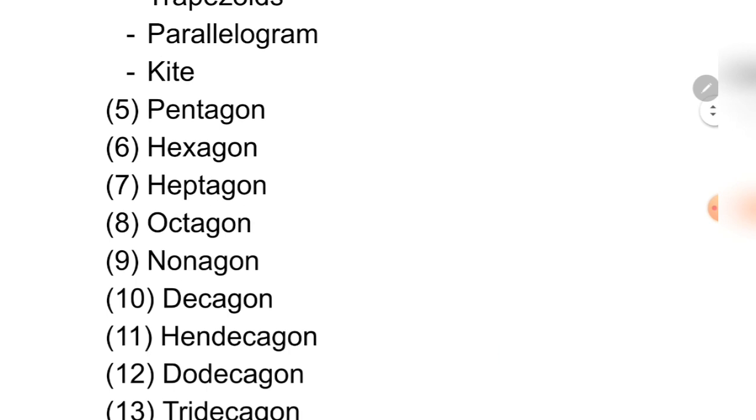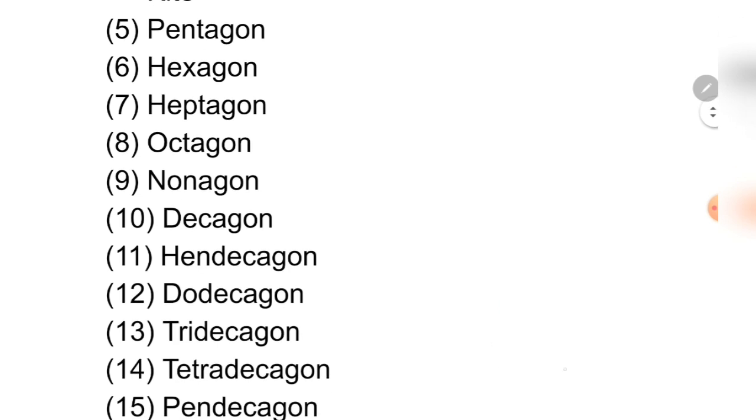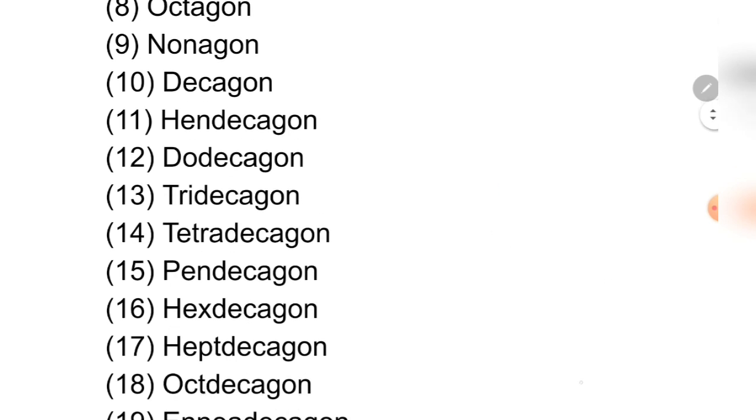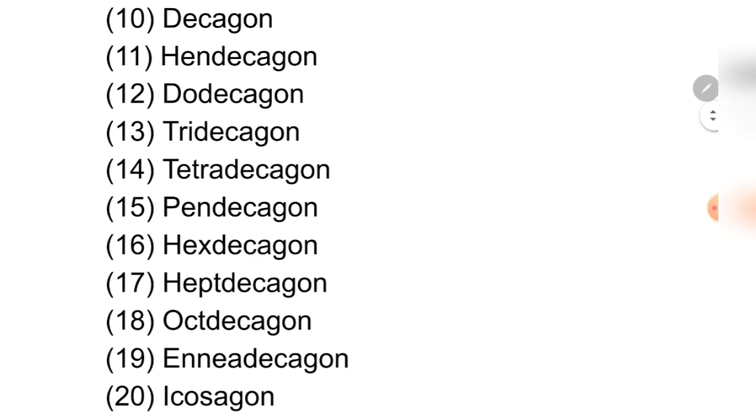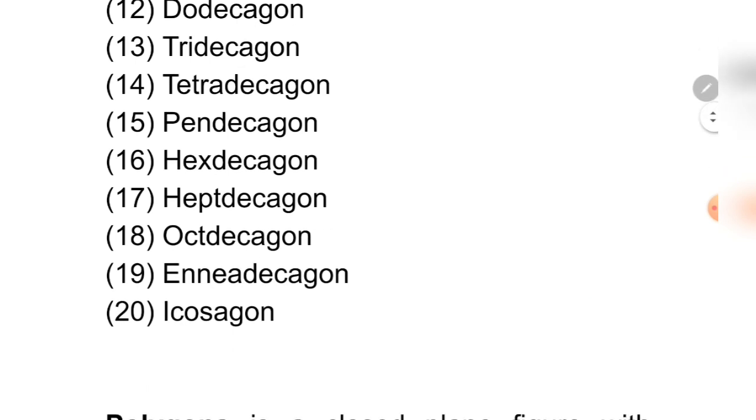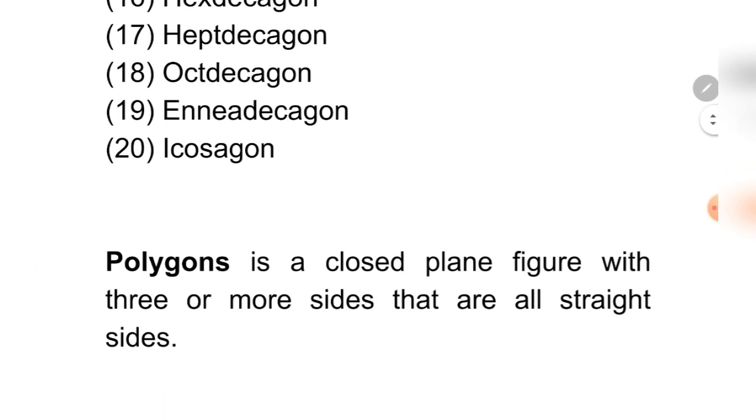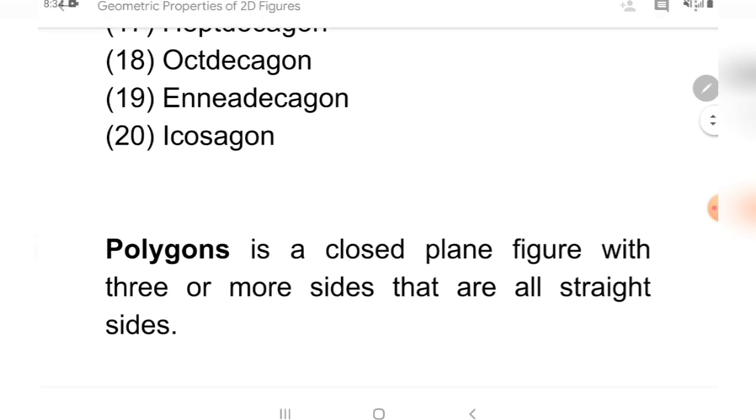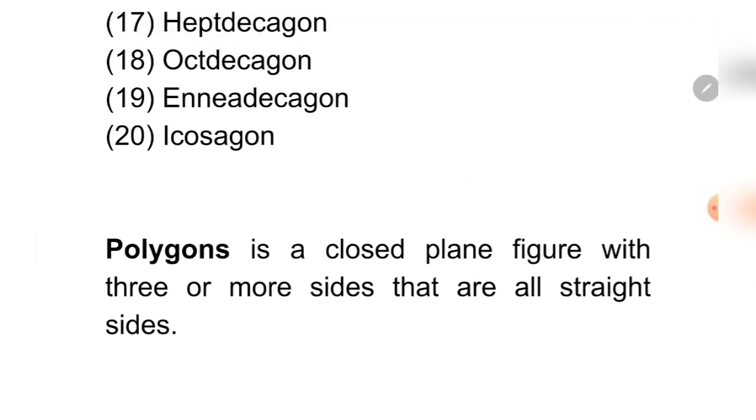Next, pentagon, hexagon, heptagon, octagon, nonagon, decagon, hendecagon, dodecagon, tridecagon, tetradecagon, pentadecagon, hexadecagon, heptadecagon, octadecagon, enneadecagon, icosagon, and so on and so forth. A polygon is a closed plane figure with three or more sides that are all straight sides.